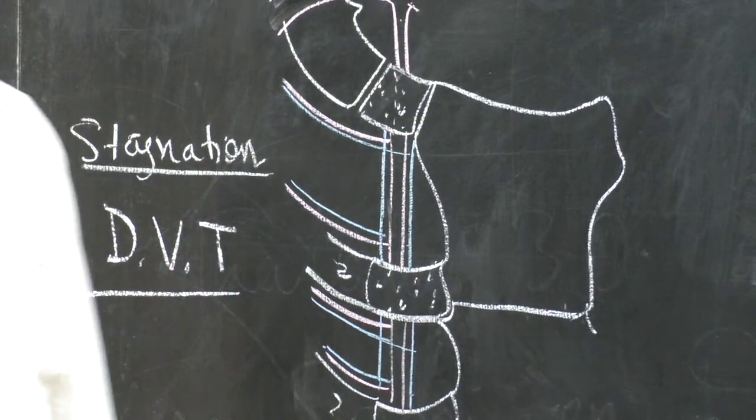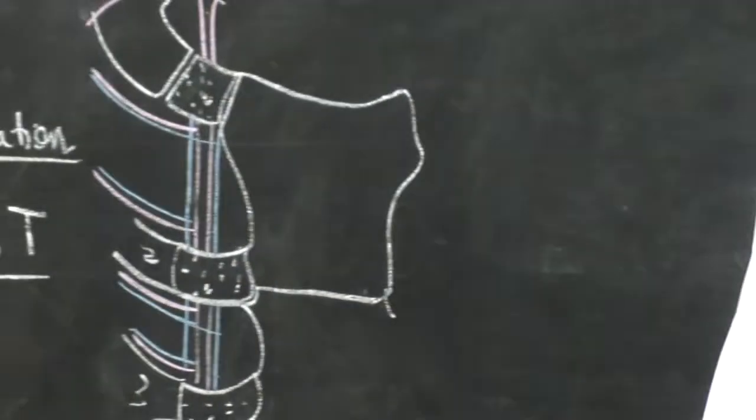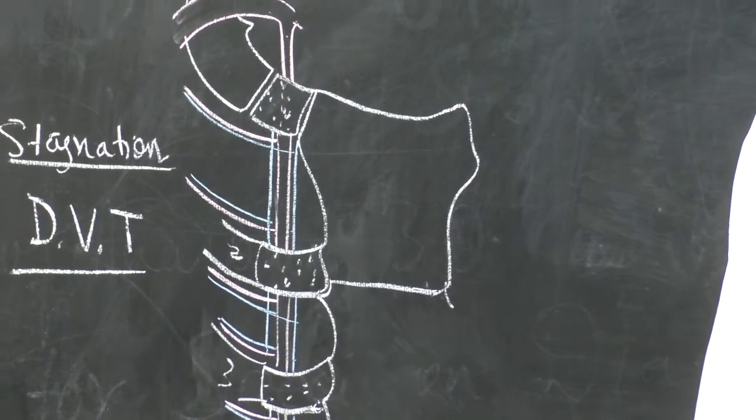So DVT is the clinical aspect of venous stagnation, particularly in the lower limbs.